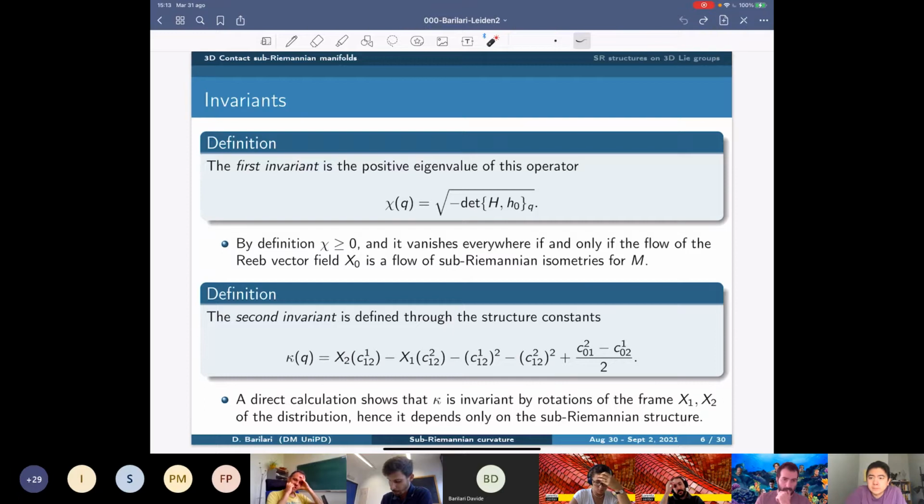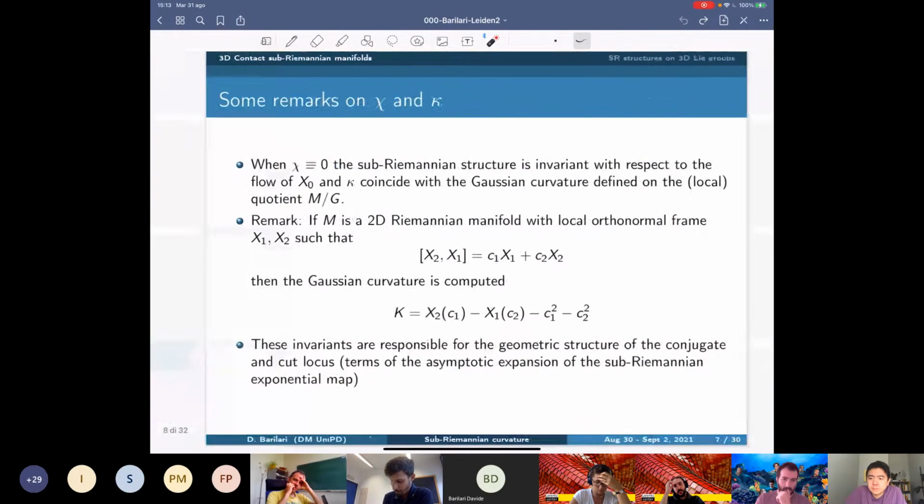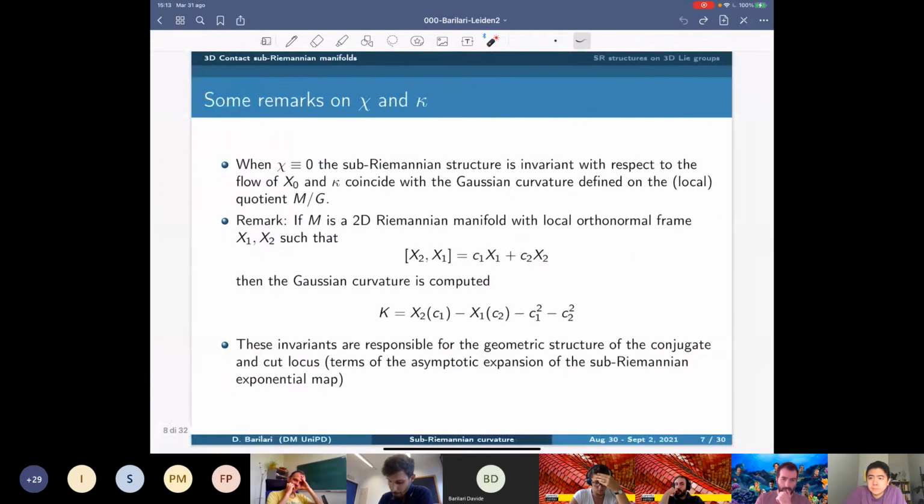But one way to see why this formula is interesting is the following remark: when the first invariant is 0, key is 0, then the sub-Riemannian structure, as I said, is invariant with respect to the flow of the Reeb vector field.